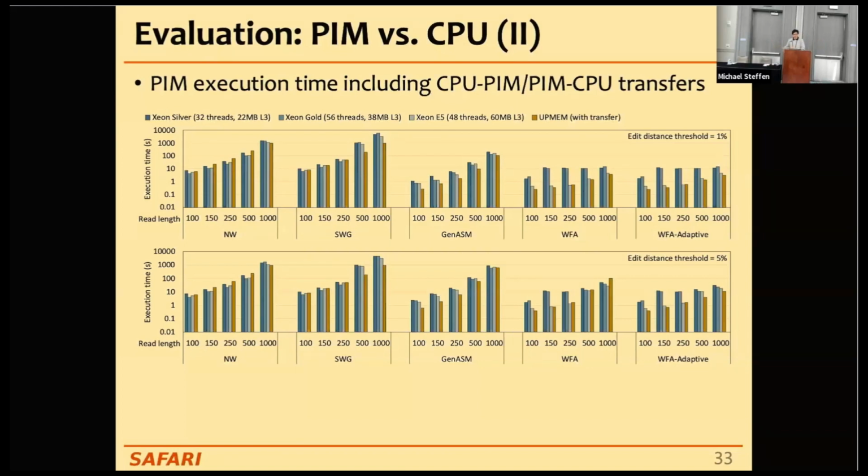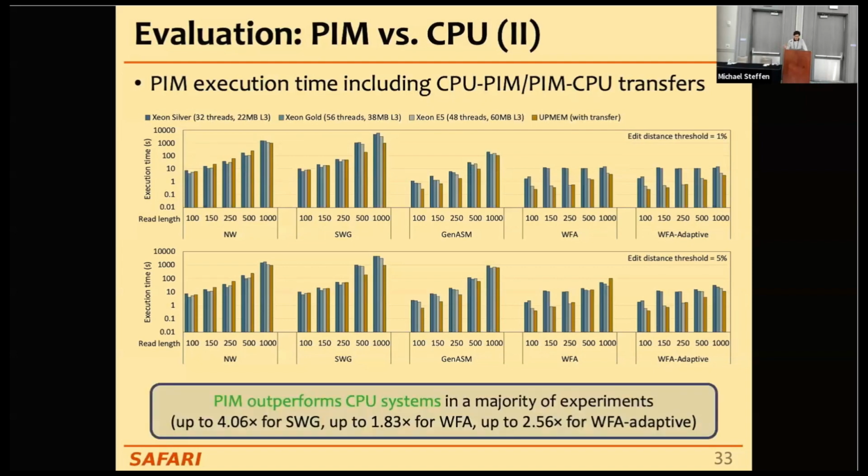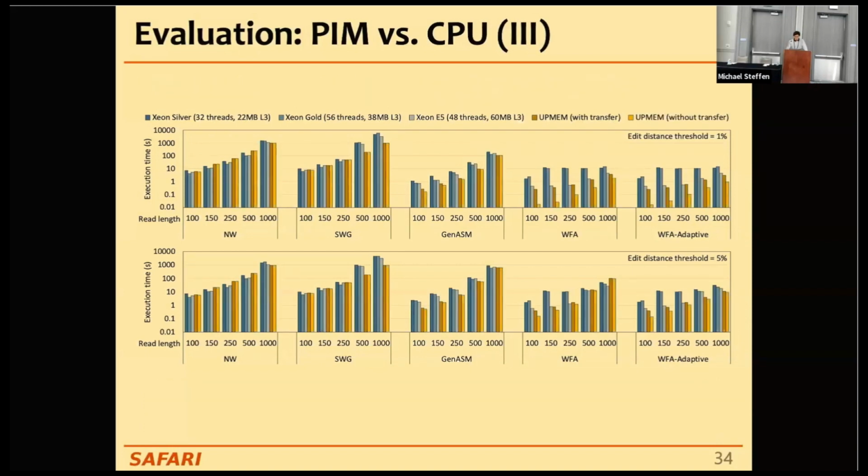So we need to transfer data from the main memory to the PIM memory, or to the UPMEM memory. But the interesting observation here is that PIM outperforms the CPU systems in the majority of the experiments. We see speedups of up to 2.56 times faster than the CPU for WFA-Adaptive.